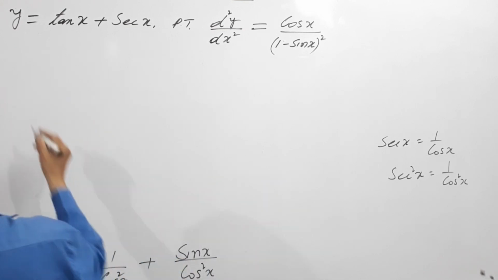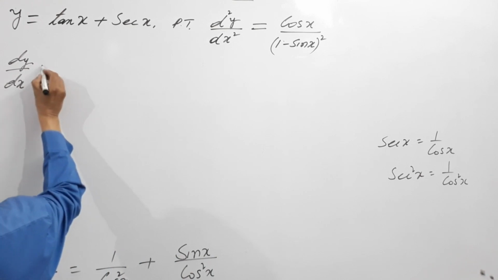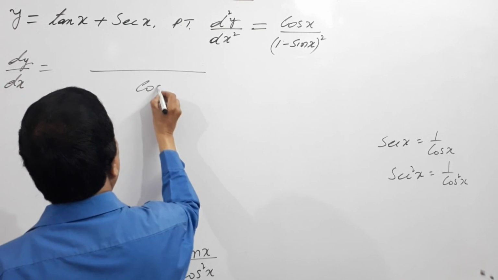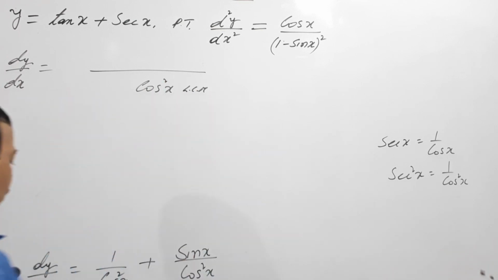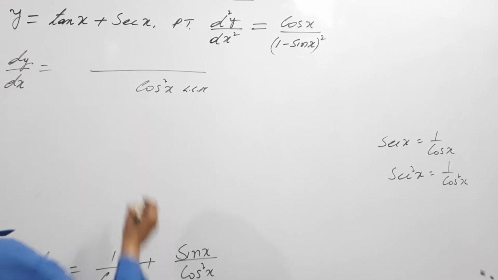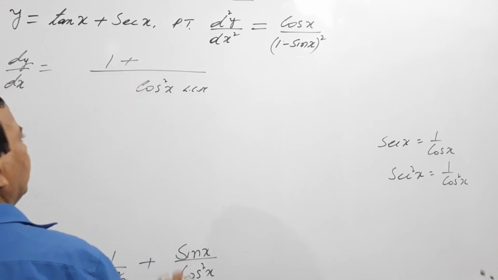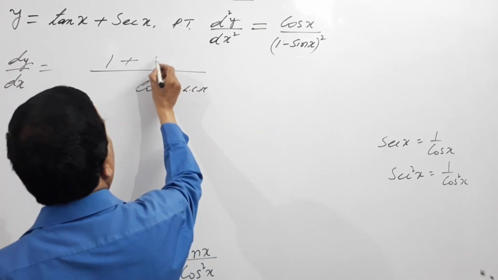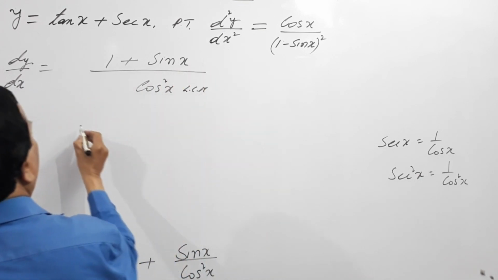So now dy by dx equals, I take the LCM, cos square x. Cos square x goes one time, so I'll write 1 plus, cos square goes, this becomes sin x.